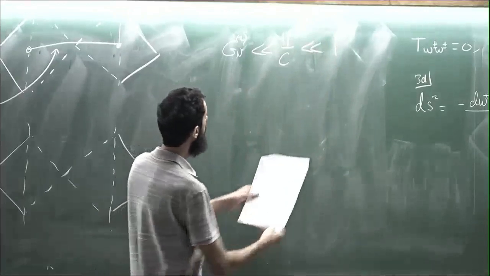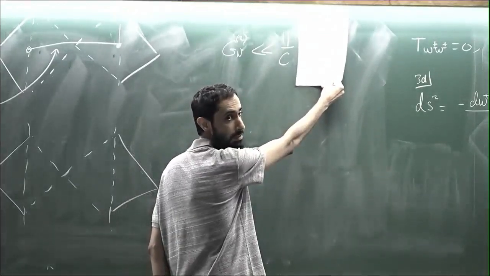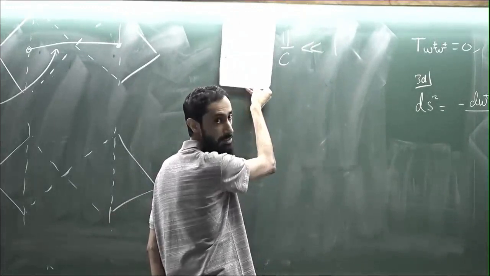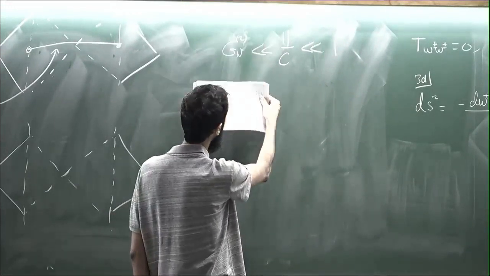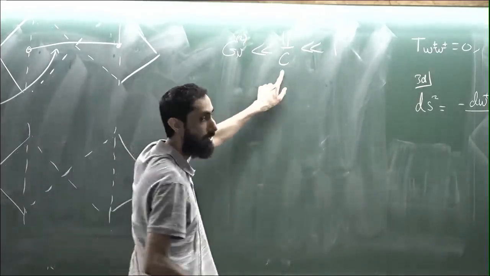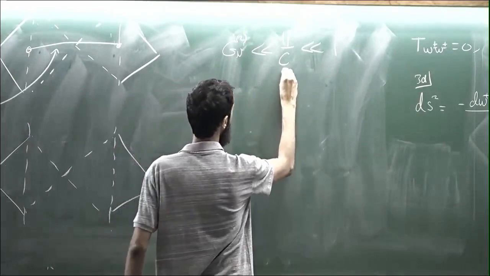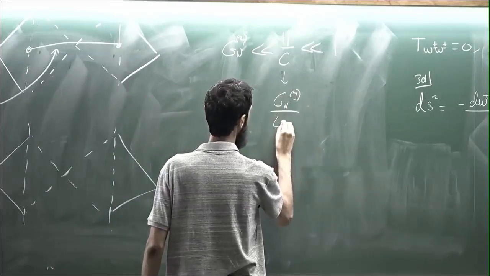This tells you I can work in semi-classical approximation in 2 dimensions. This tells you I can work in semi-classical approximation in 3 dimensions. And there is the G Newton in 3 dimensions, that's C. So this thing is G Newton in 3 dimensions divided by L AdS.